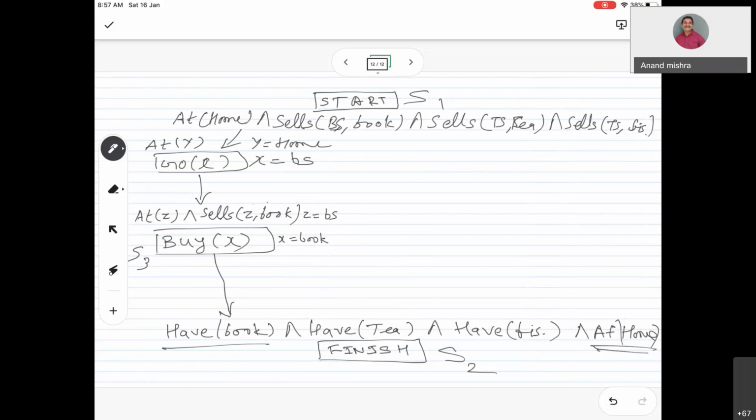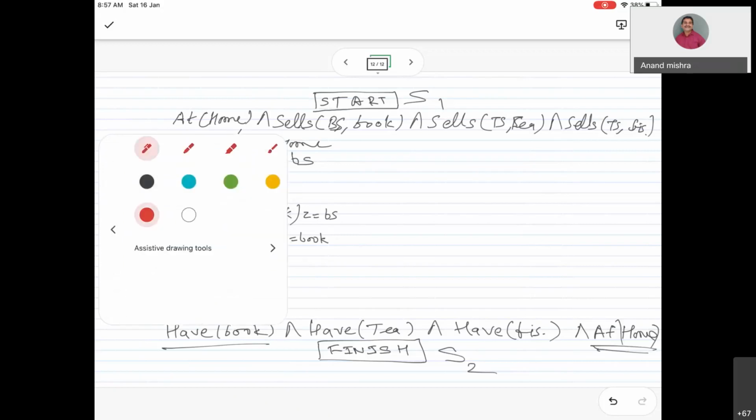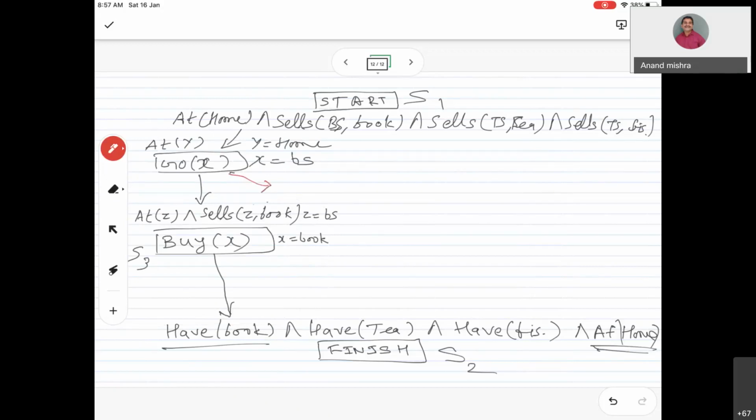Similarly, we need to see other parts, but here there is a problem. So what is the problem? Go to bookstore also has one more effect. What is the effect? If you remember, go to bookstore is also creating a side effect. Let me draw it in red color. I don't know whether that's visible to you guys.